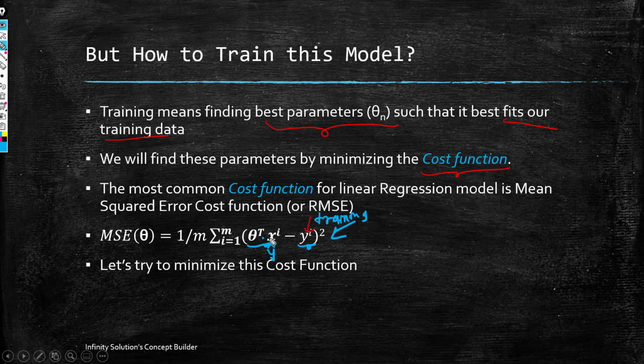As I said, all these are bold, but this one is not bold. This is just a single scalar value. Of course y hat that we'll get will also be a scalar value because it's nothing but a weighted sum. Although it's a dot product, the output of a dot product is always a scalar value. So what we are doing is taking the difference between y predicted and y actual, and we are squaring it.